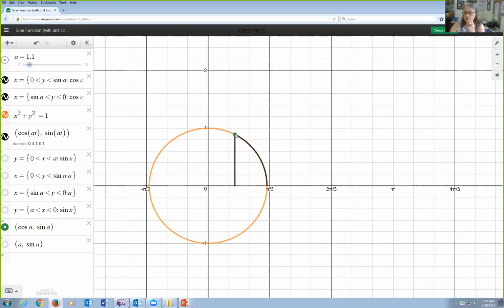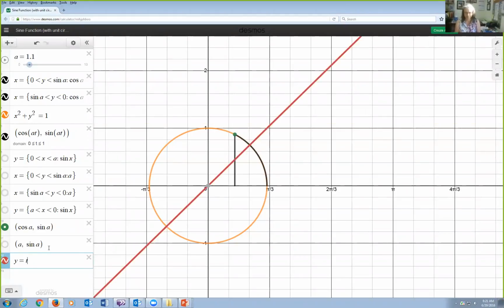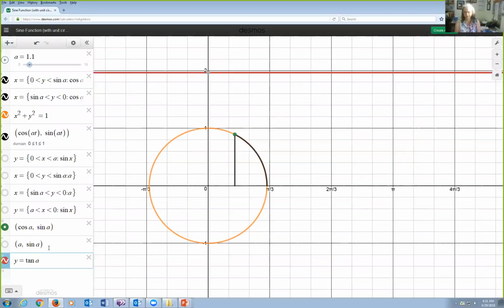This green point right here, its coordinates are given by r, the radius of the circle, times the cosine of... If we imagine a line that goes from the origin of this graph to the point in question here, we can think about the angle that is formed between the x-axis and that line.